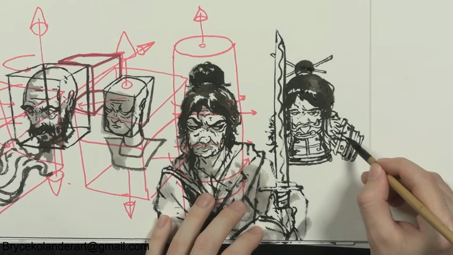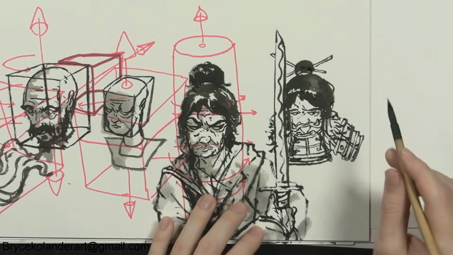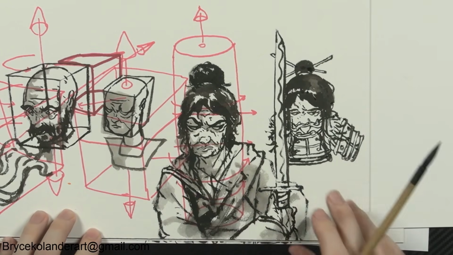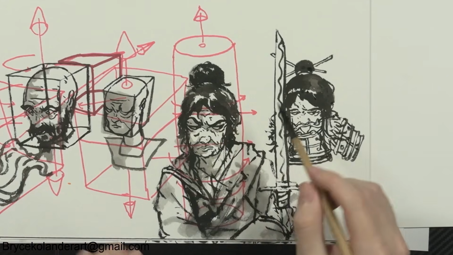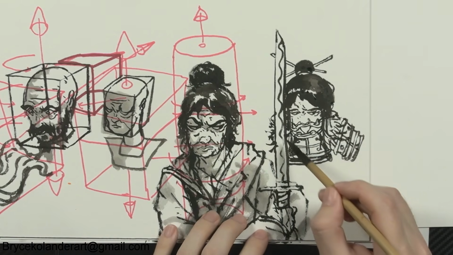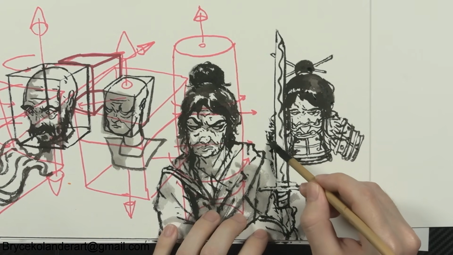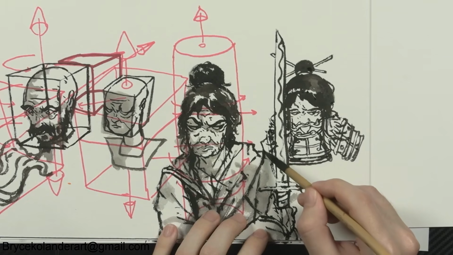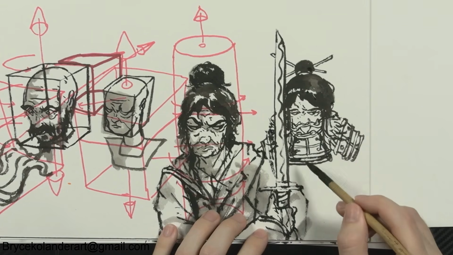but I'm using all of the detail to make these planes, and I'm following the form of the character rather than the form of a box.